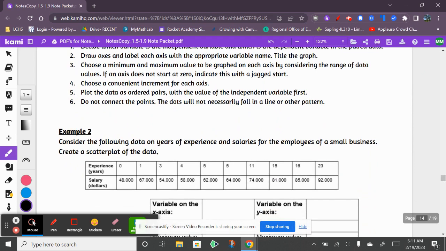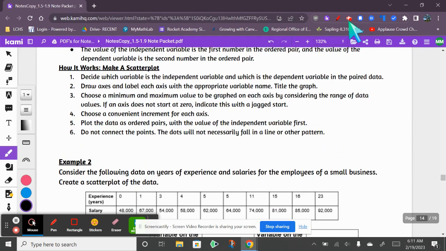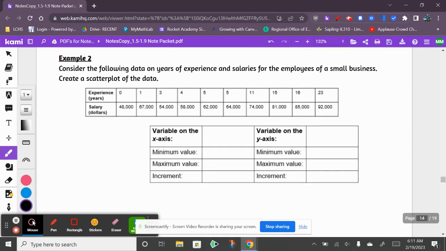And I have a few other extra steps to help you along the way, but we're going to go ahead and just start with our first example. As just a tip, almost always when they give you a table, the first variable is going to be your independent variable, and the dependent variable will almost always be the second one.